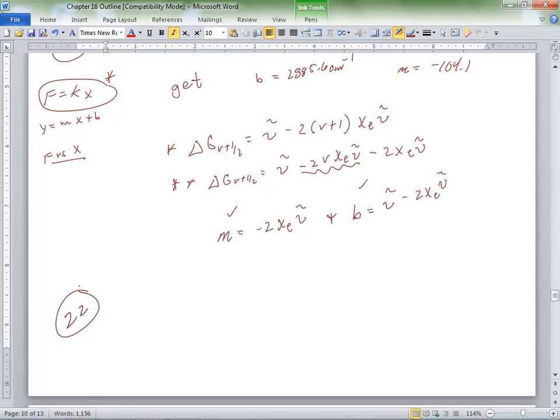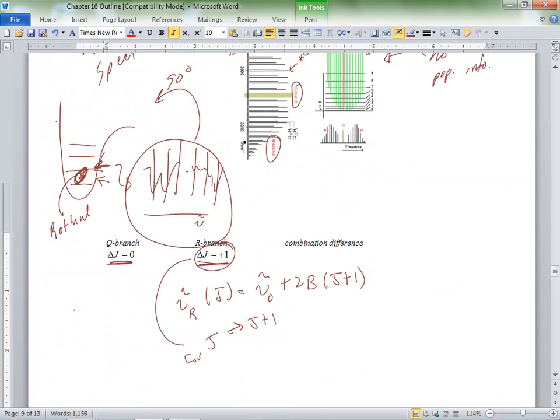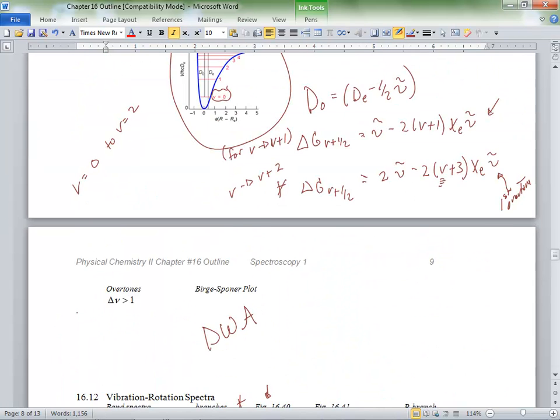And we can quit there. We don't need to write the equation for the V equals 0 to 3 transition. We don't know what it is anyway, because I didn't write it down. I just gave you the V equals 0 to 1 and the V equals 0 to 2 transitions. Okay? So that's what we're going to do. Where did we write those down? Do you remember where we did that? Here it is.